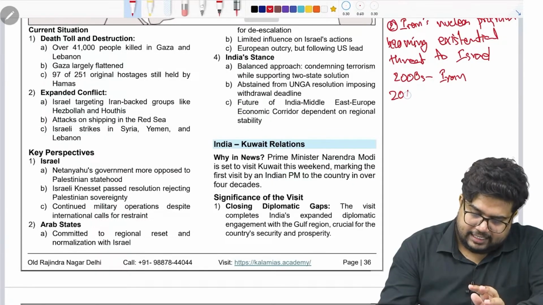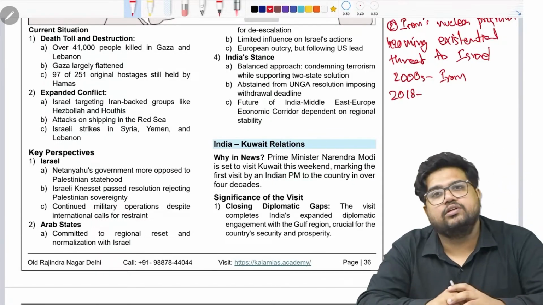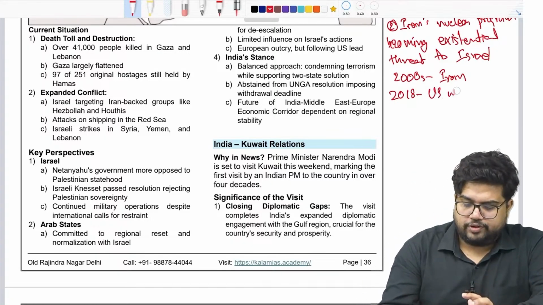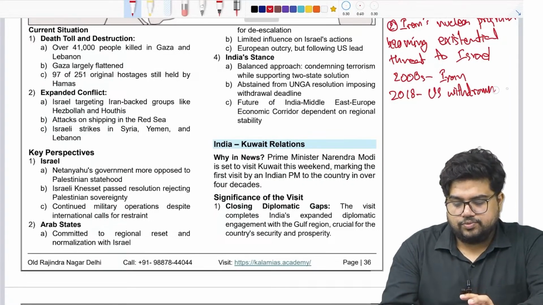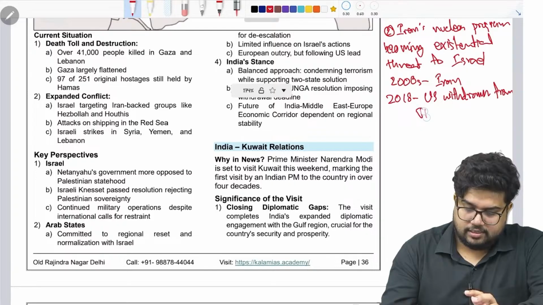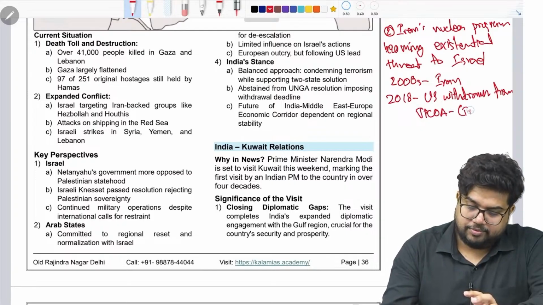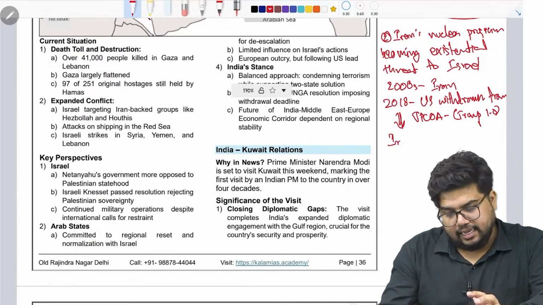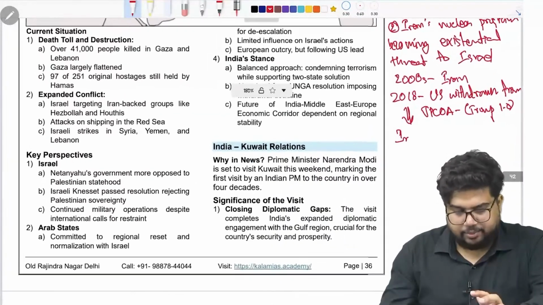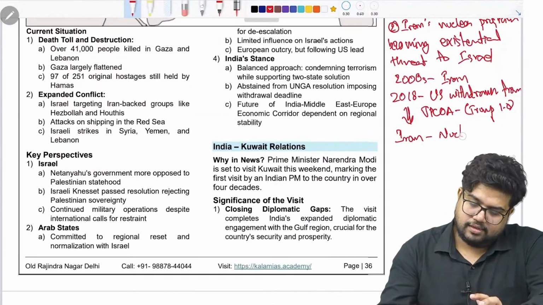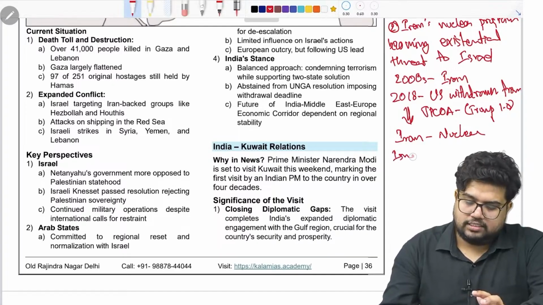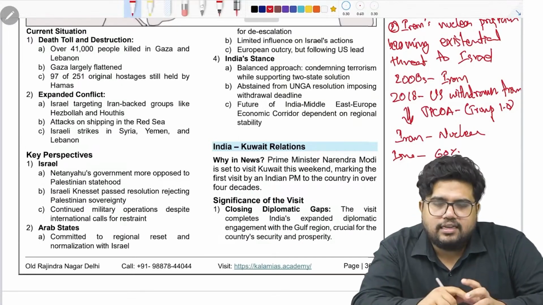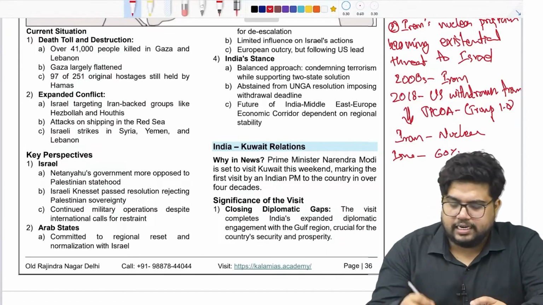But in 2018, accusing Iran of not following the conditions of the JCPOA agreement, the US withdrew from JCPOA. This happened during Trump 1.0. Post this, Iran has again actively started pursuing its nuclear programs. And Israel is accusing Iran of having a 60% enriched uranium stockpile. And 60% enriched uranium means bomb-grade uranium.